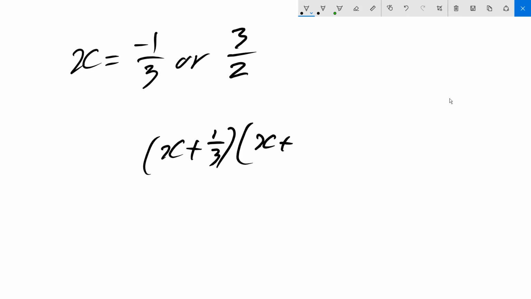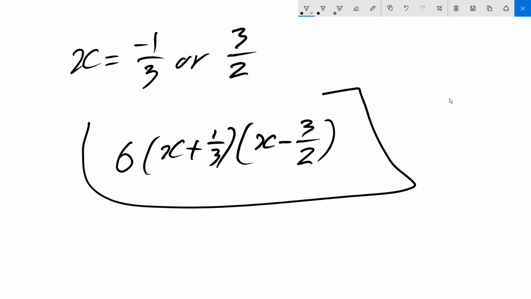So instead of x minus a third, it's x plus a third, and instead of x plus 3 halves, it's going to be x minus 3 halves. And if you can remember all the way to the start, we divided the entire equation by 6, so now we have to times the entire equation by 6, so we just put a 6 out there, and we're done. That's fully factorized right there.